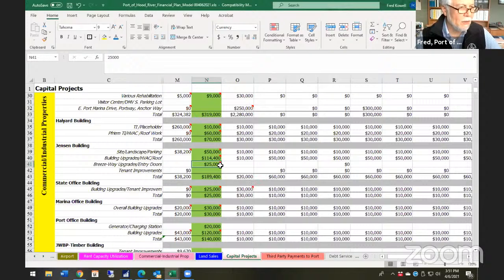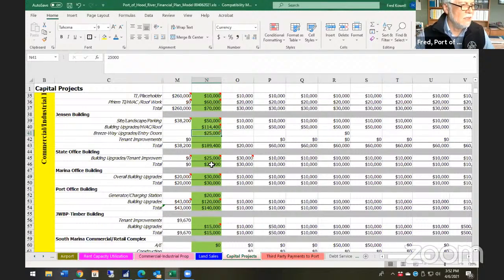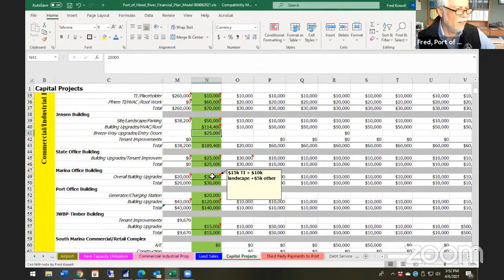So I'll touch upon the parts that will be coming forward in the budget process. State building, we need some painting that needs to occur for this next upcoming year, and a roof replacement will occur in 2023. We also, for the marina office, we're looking at a TI of about $15,000 and some other landscaping that will need to occur there due to the turnover that we're having there at the marina office building.